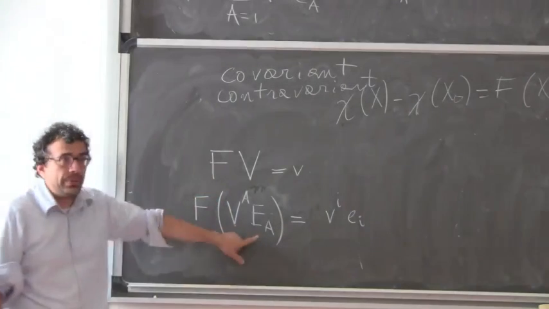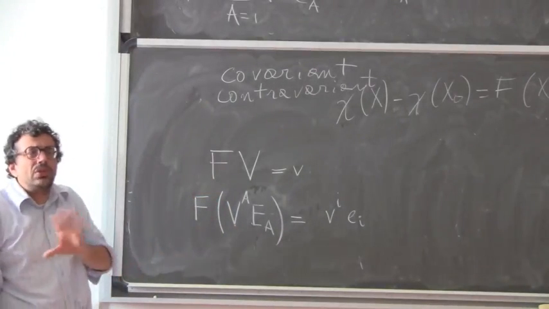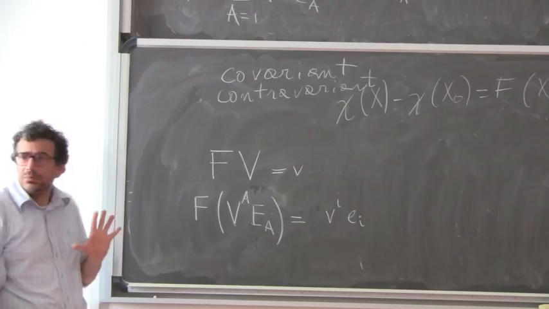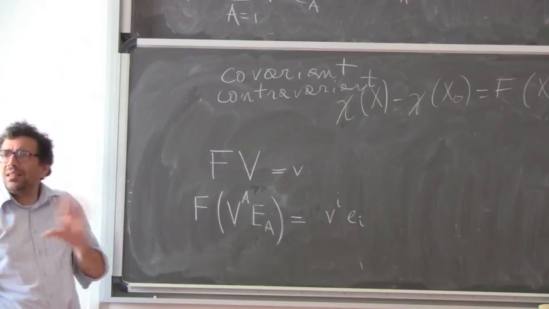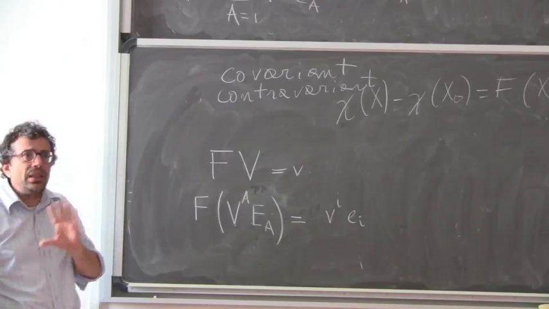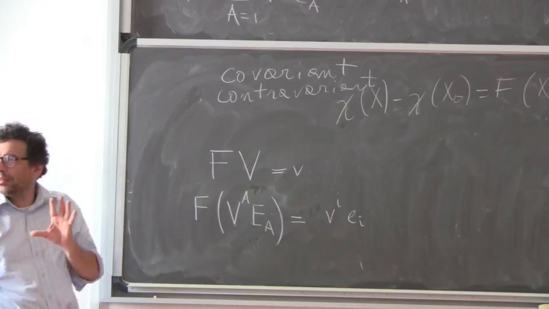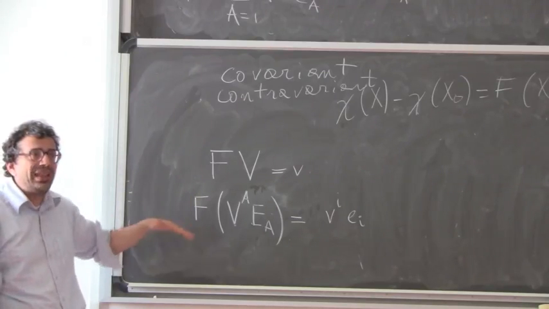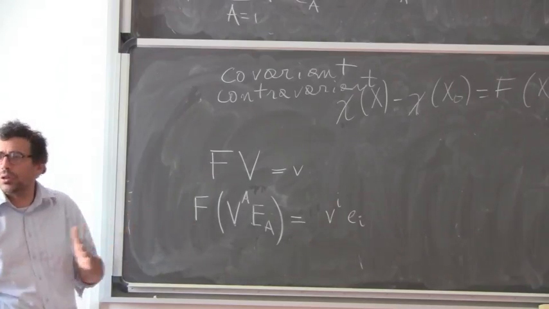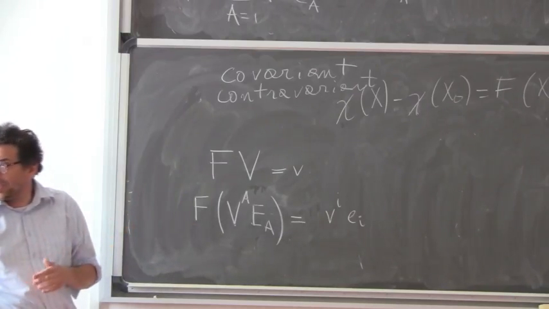This is a linear map. I'm telling you something very simple, but I think that these things need to be understood one time in life. They are very simple, but they give you a powerful notation we will use systematically.